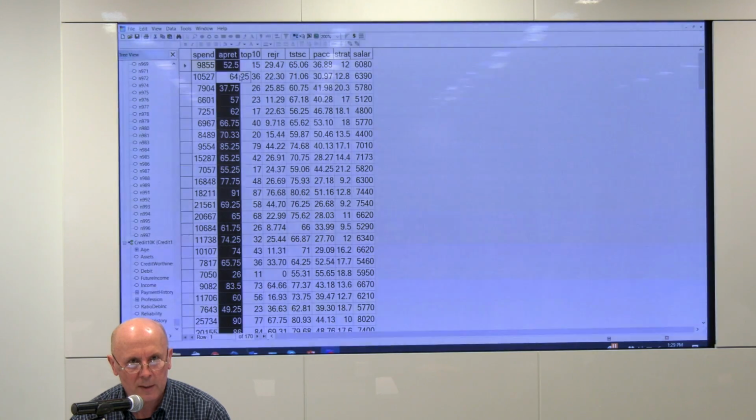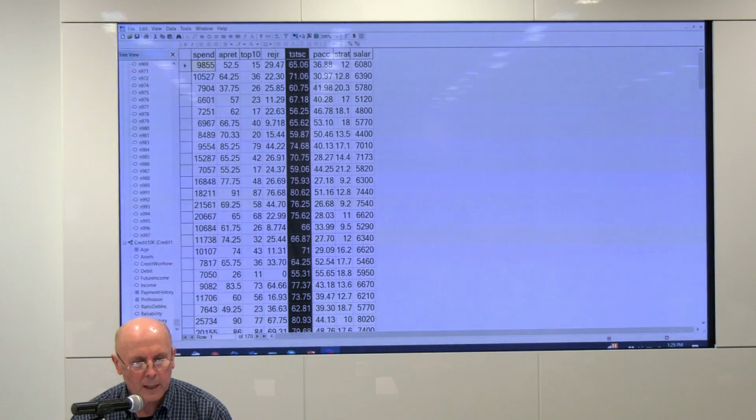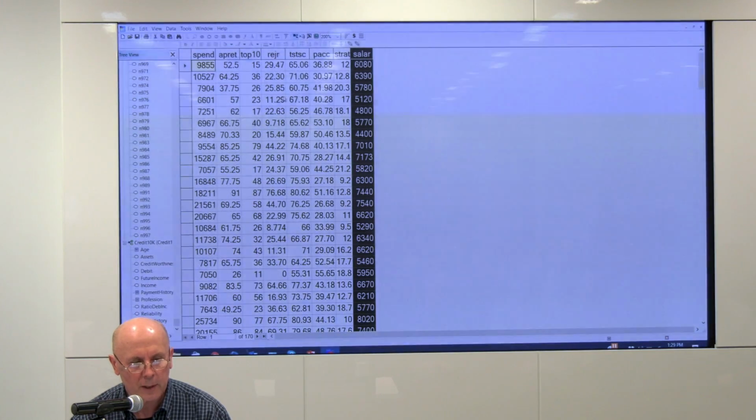So how many students stay after 1 year in college, in university? Top 10 percentage of students who were in the top 10% of their high school class. Test scores comparable to entrance exams, probability of accepting an offer from the university, faculty salary, etc.